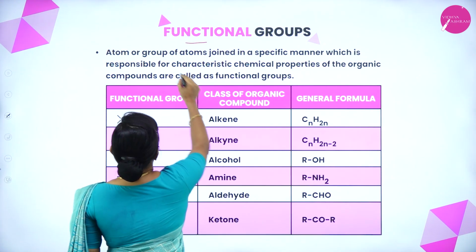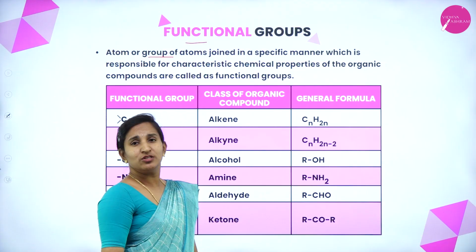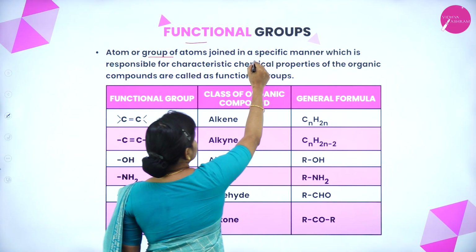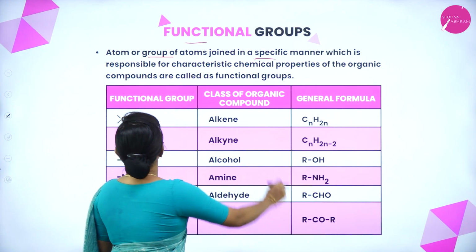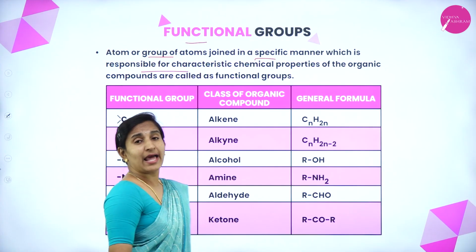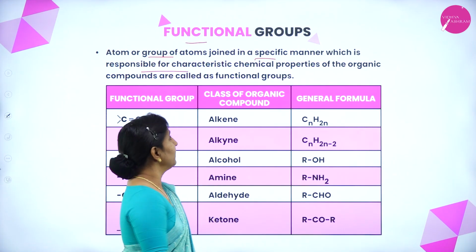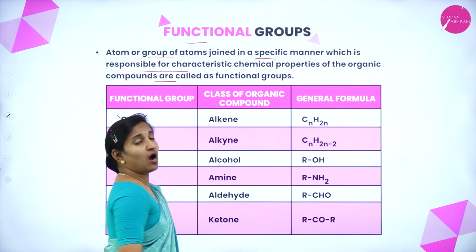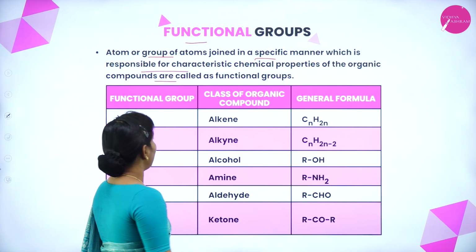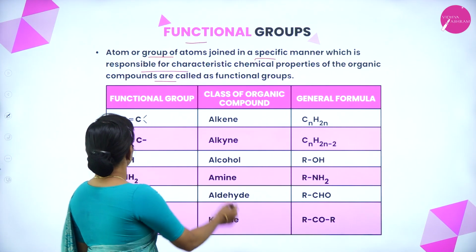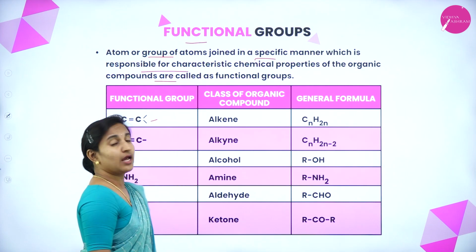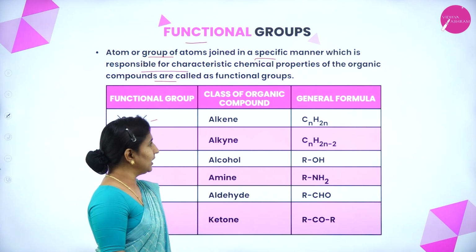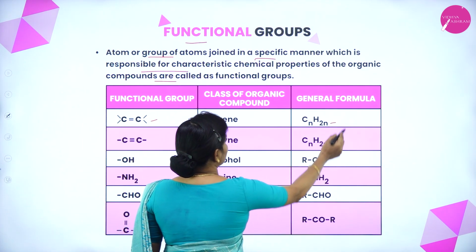Functional groups. An atom or a group of atoms joined in a specific manner, which is responsible for the characteristic chemical properties of the organic compound, is called a functional group. We have a number of functional groups. If carbon contains a double bond, we call it an alkene, general formula CnH2n.